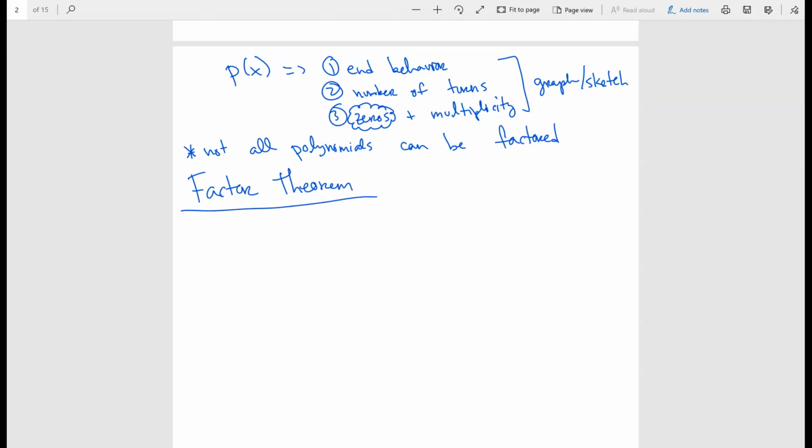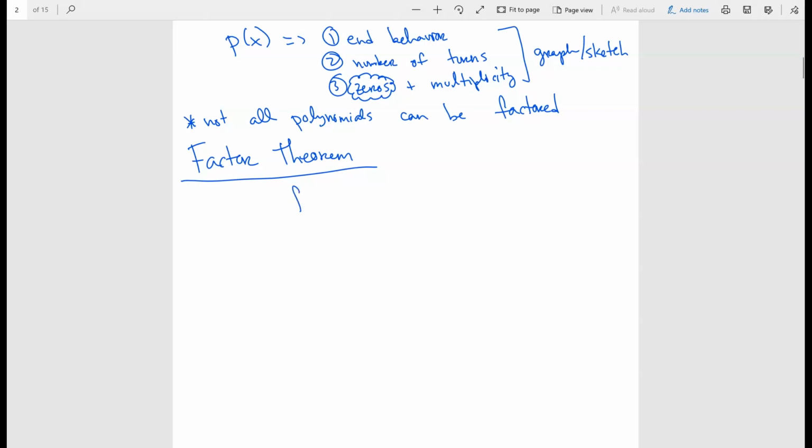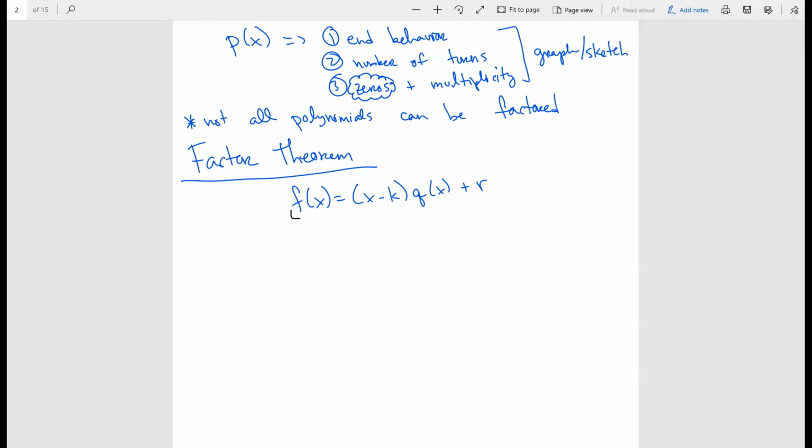Basically what this says is that you can write a function the following way: f of x equals x minus k times q of x, plus r. Here x minus k is the linear factor that you're dividing by, which is what we call the divisor.